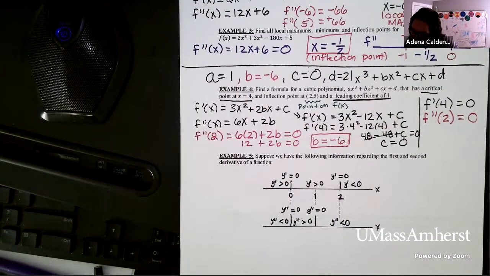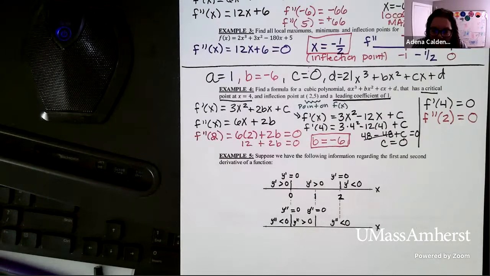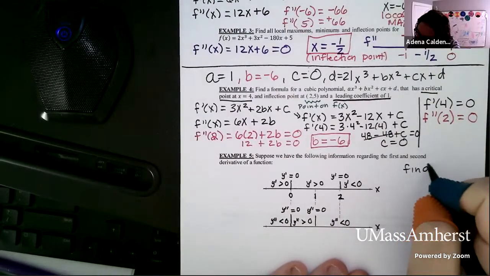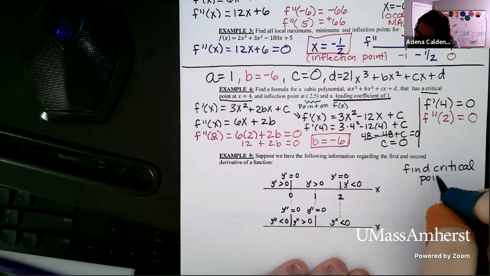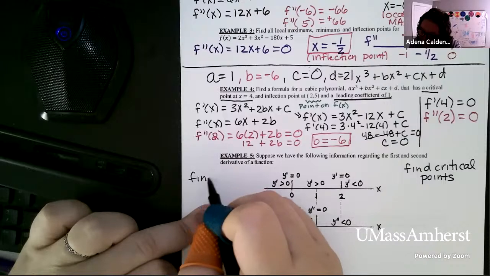So what we're trying to do in this particular problem is find any critical points, and bonus points if you can figure out if it's a local max or a min, and finding any inflection points. Those are the 2 questions. They're on the next page, but I'm just going to say them. So what I want you to do is find critical points and find inflection points based on this information.